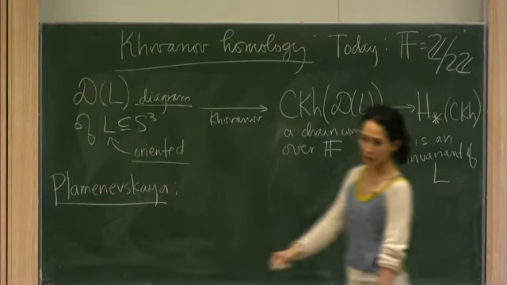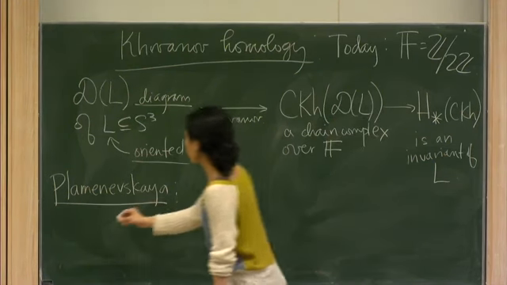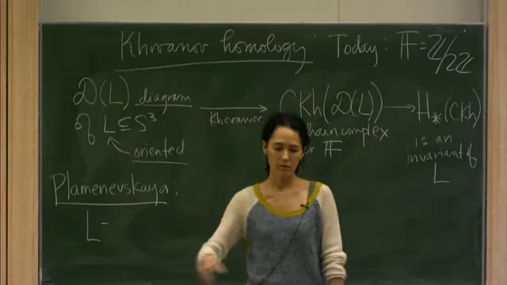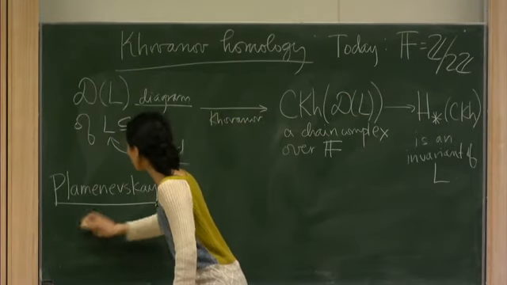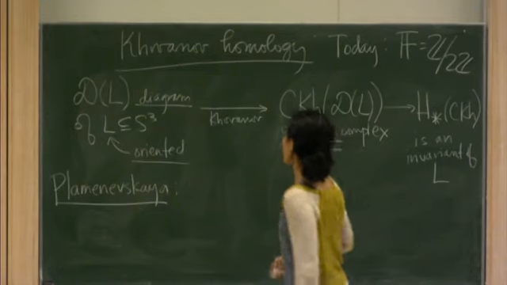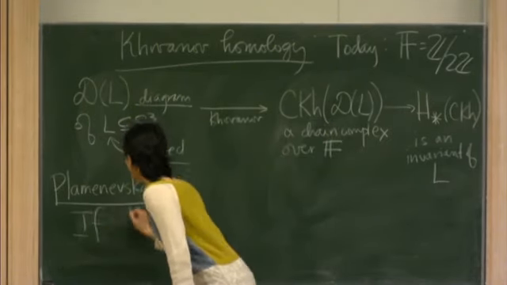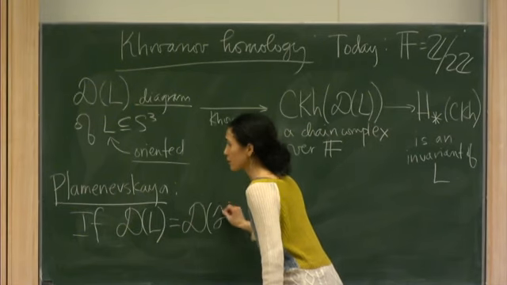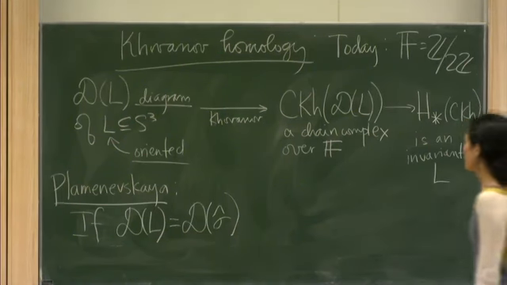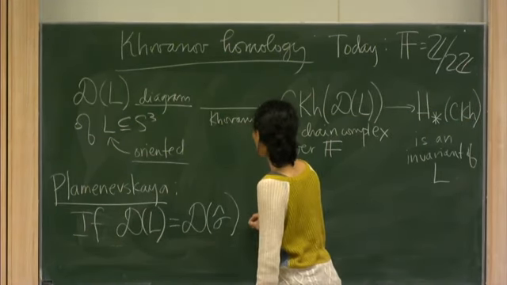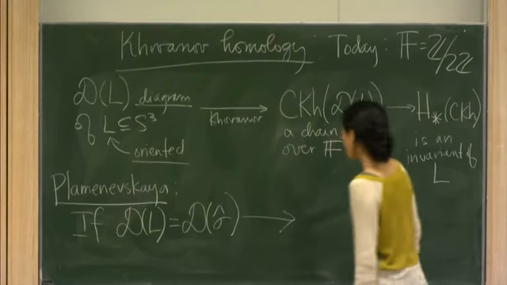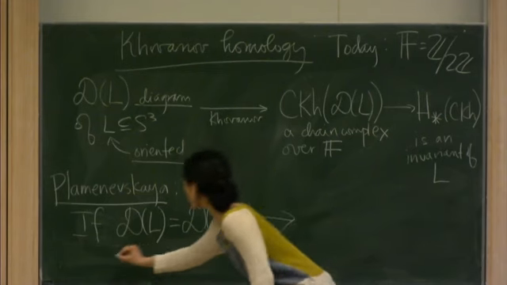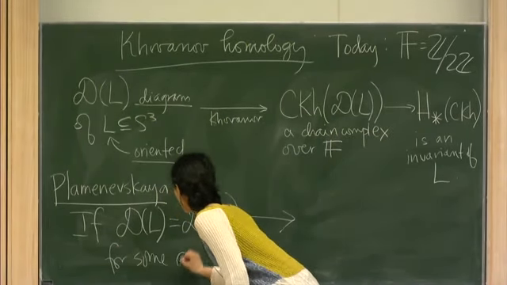And what Plamenevskaya noticed is that if the diagram of L is actually the diagram of a braid closure, then you can extract a canonical class. So there's some braid.